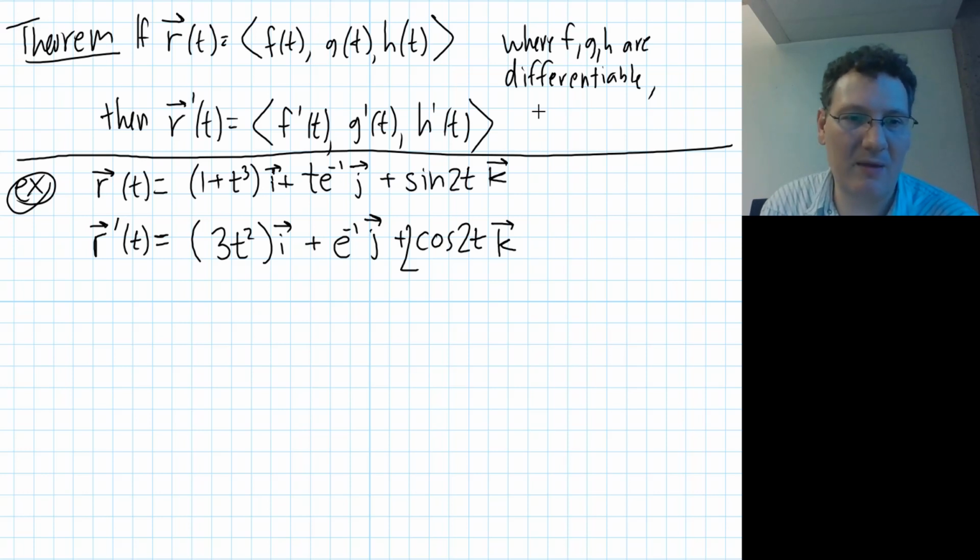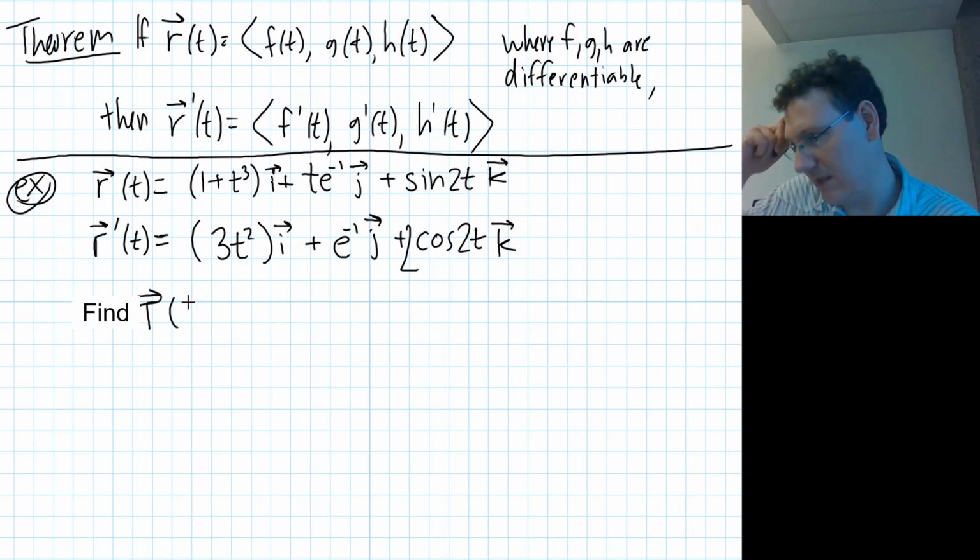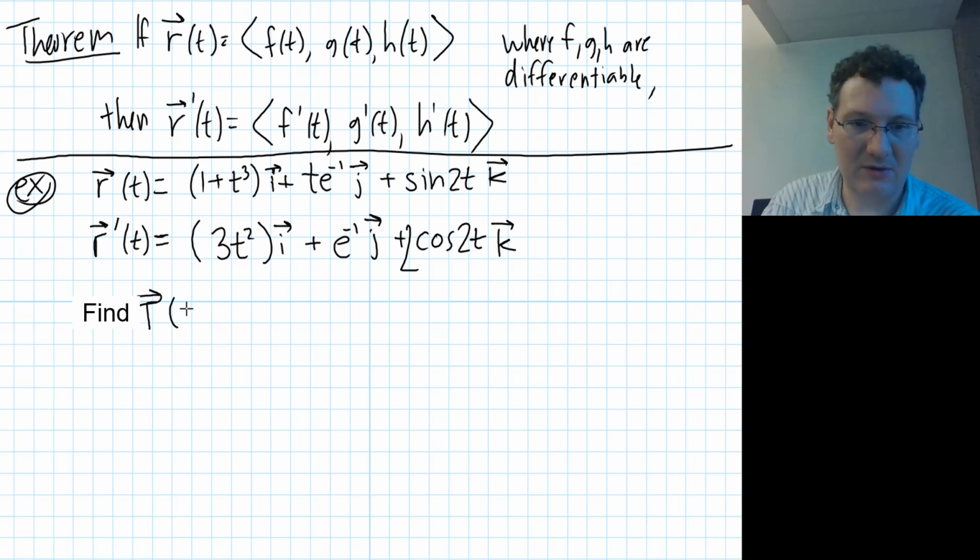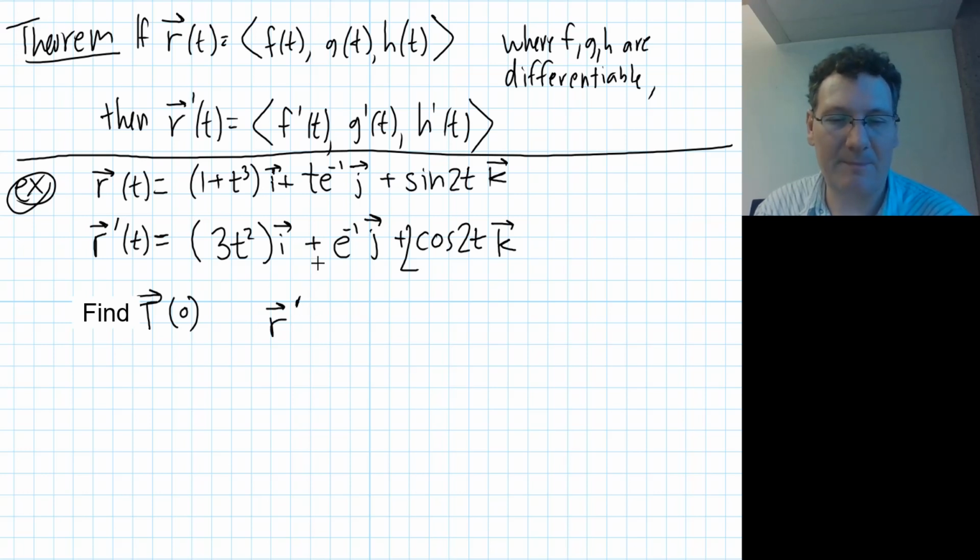So this is our derivative, r prime. But let's find the unit tangent vector at, let's say, t equals 0. So I want to evaluate r prime at 0, and I'm going to put it in components.